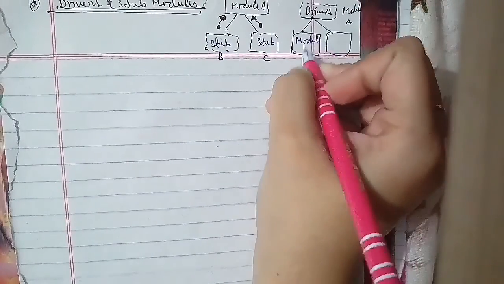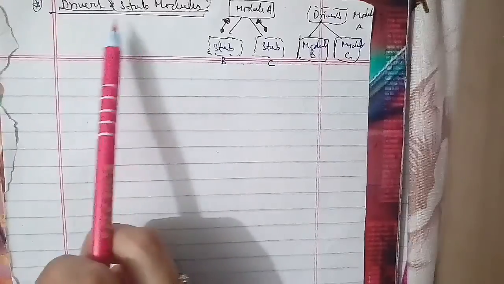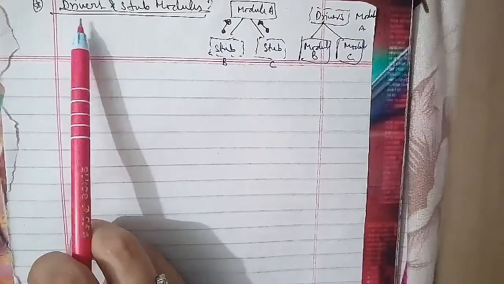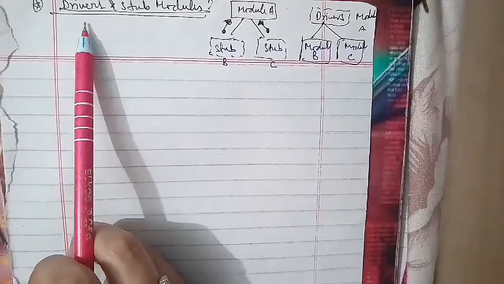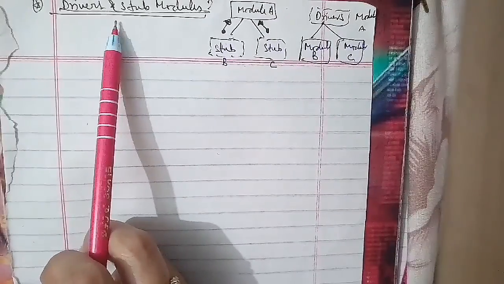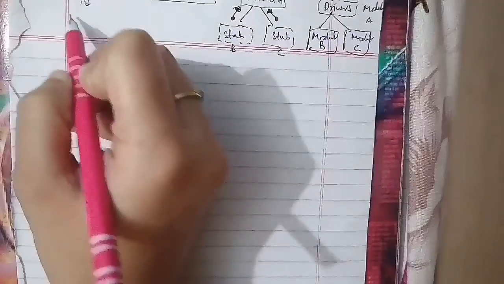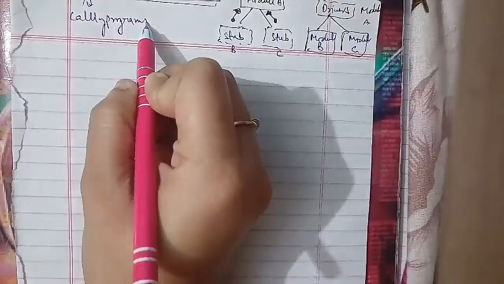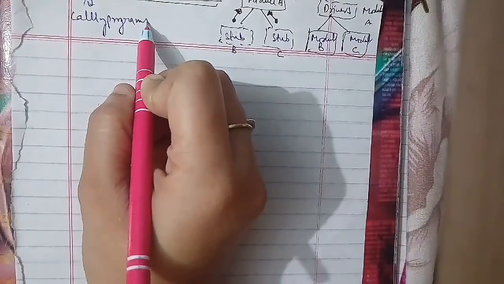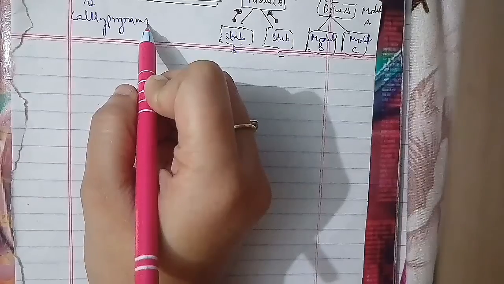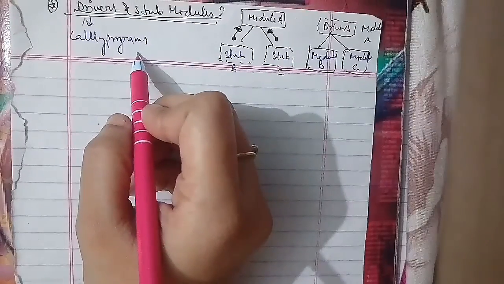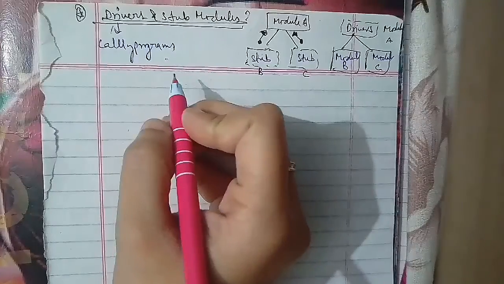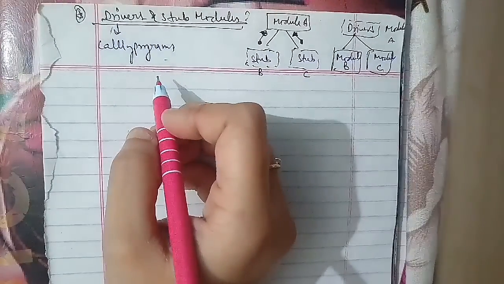So the drivers are also considered a form of dummy modules, which are considered as calling programs, as I told you. Drivers are considered the dummy module that simulates the high level module, while stubs are also considered a form of dummy modules which are considered as called programs.